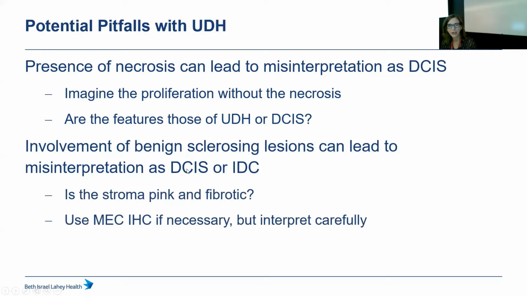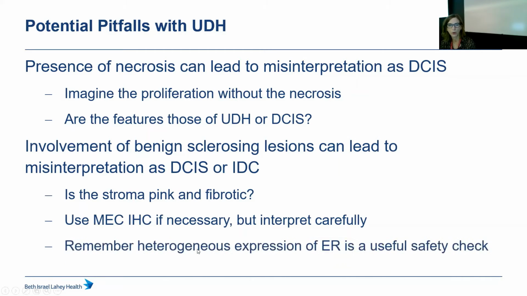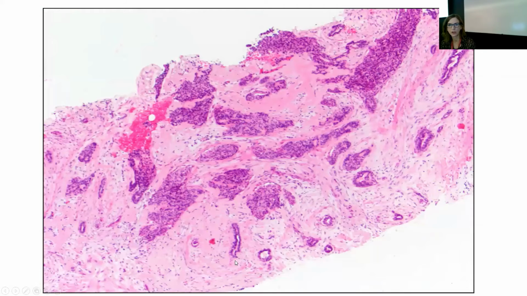And then getting back to benign sclerosing lesions, decide whether the stroma is pink and fibrotic, and in that situation, I start from a place of benign and then work my way out of that. And also use myoepithelial cell markers in that situation, but interpret with caution. And then heterogeneous expression of ER can be a useful safety check.